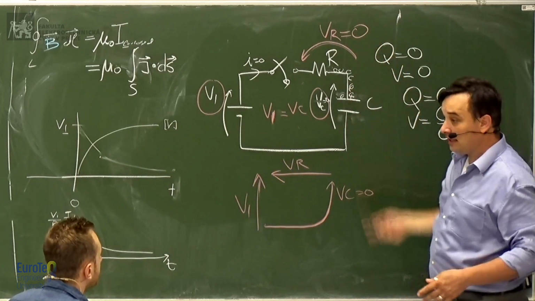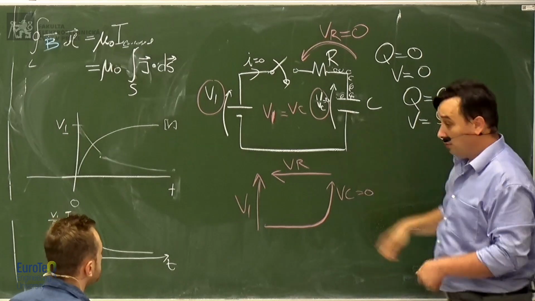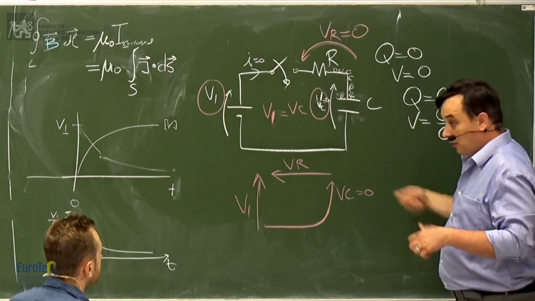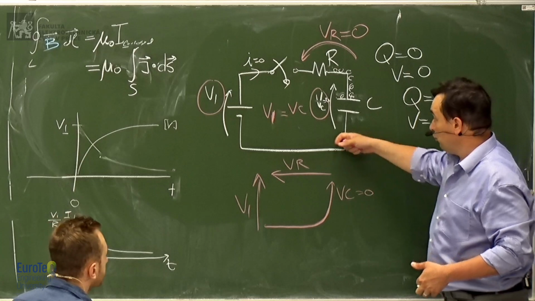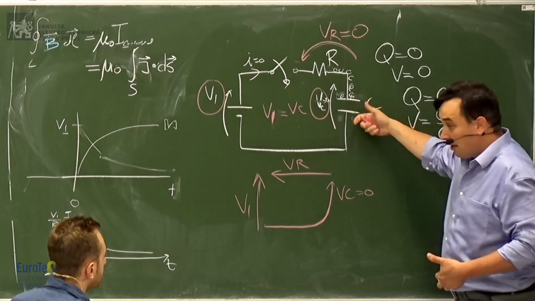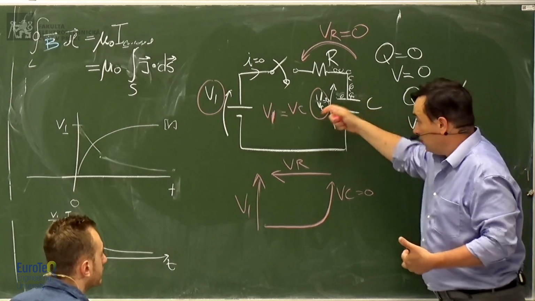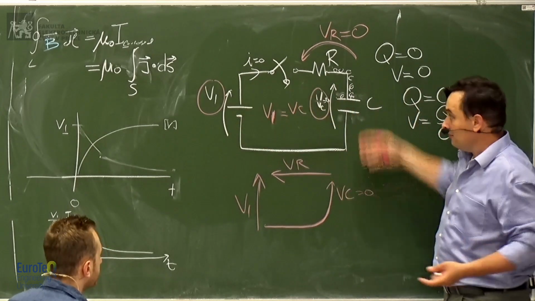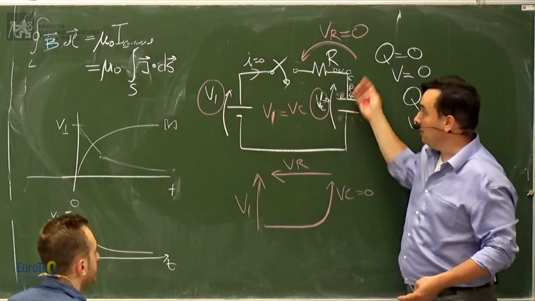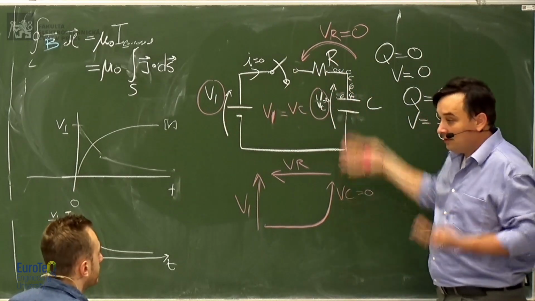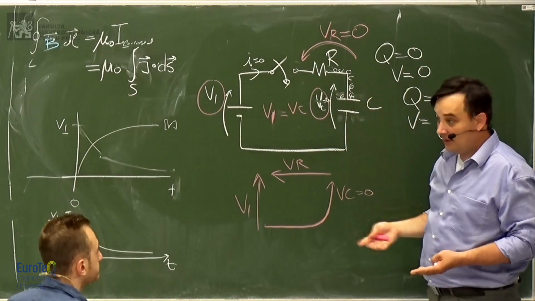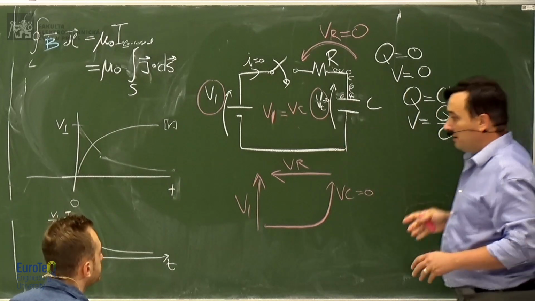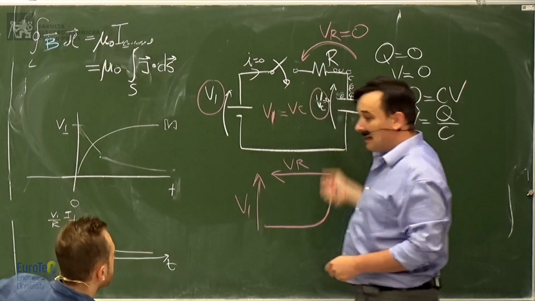And at that point, there is no current anymore. So when you give current for long enough time to charge the capacitor to the same level of V1, then current cannot flow anymore because there is equilibrium. V1 equal to VC, so where should the current go if it's in equilibrium, if it has the same voltage? Okay. Fine. So here the current changes.